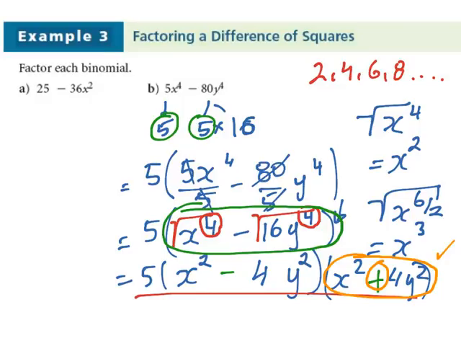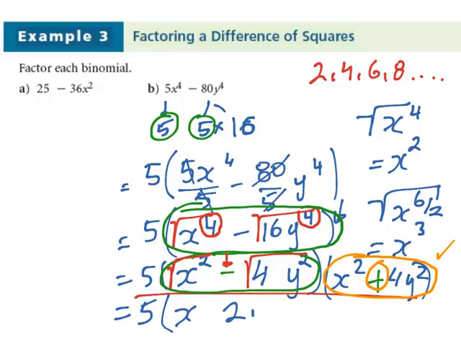However, you can factor this part, because you could take a square root of it, and this is a negative sign. So we're going to do the difference of squares twice in this question. Mind-blowing, I know. The square root of x squared is x, the square root of 4 is 2, and the square root of y squared is just y, because we always halve the exponents.